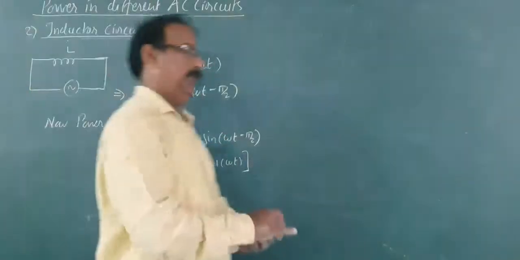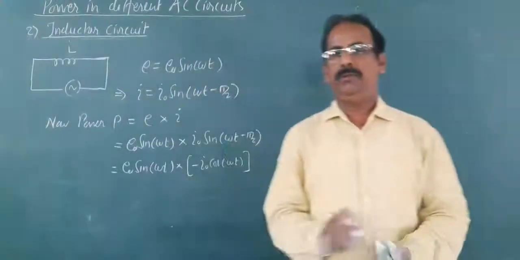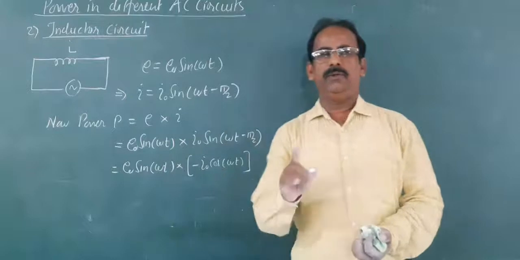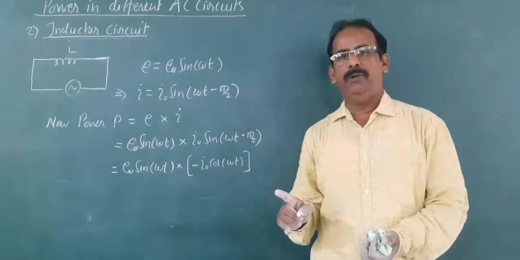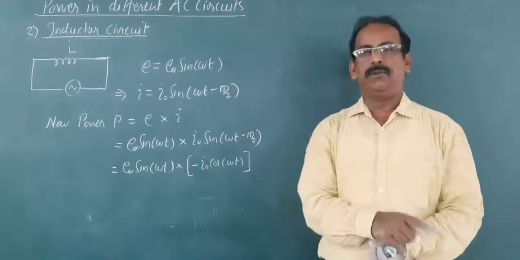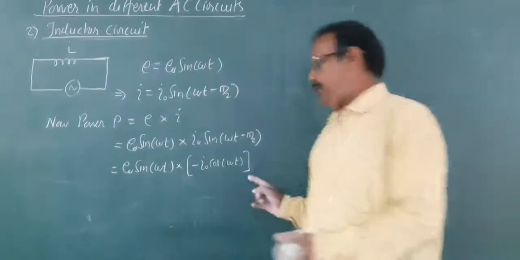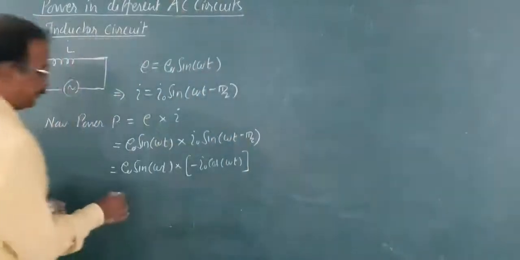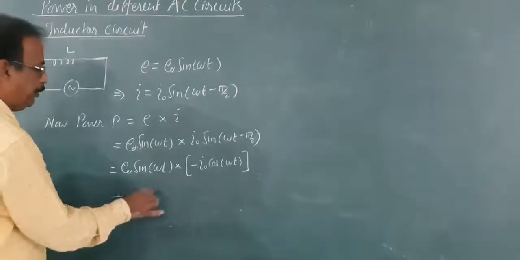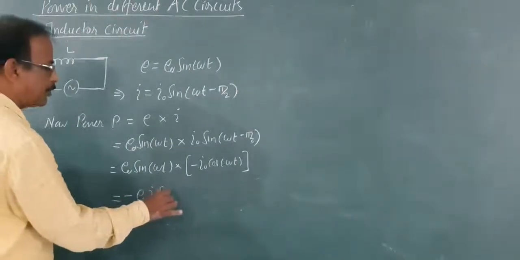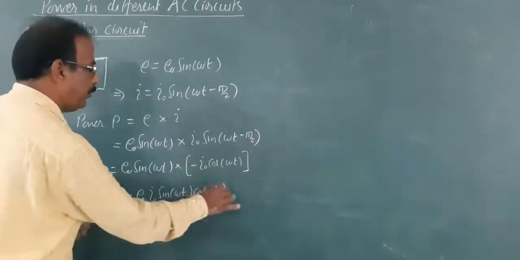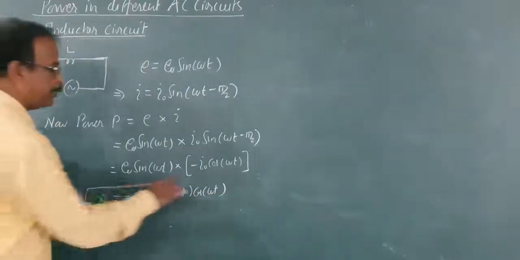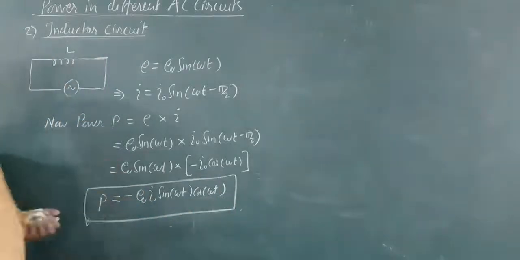Solve it using sine A minus B: sine omega t into cos pi by 2 minus cos omega t into sine pi by 2. This comes minus cos omega t. Means we get the product minus of E0 I0 sine of omega t into cos of omega t. This is the expression for power in the inductor circuit.